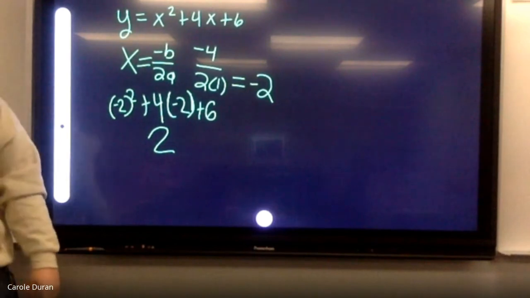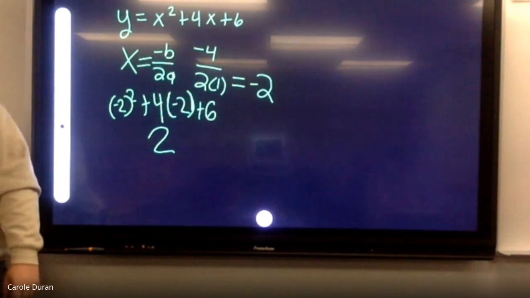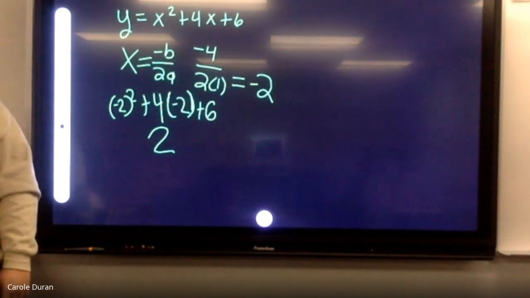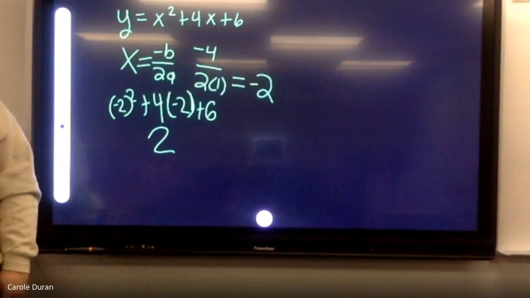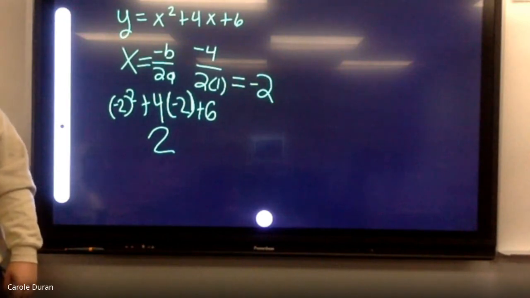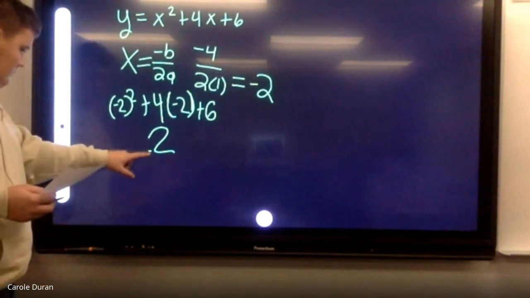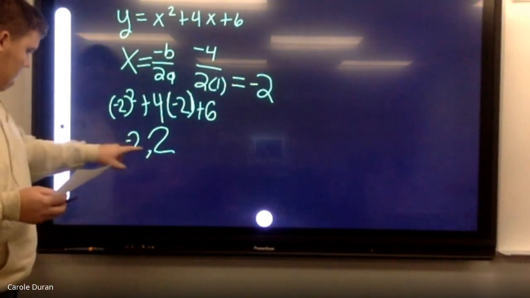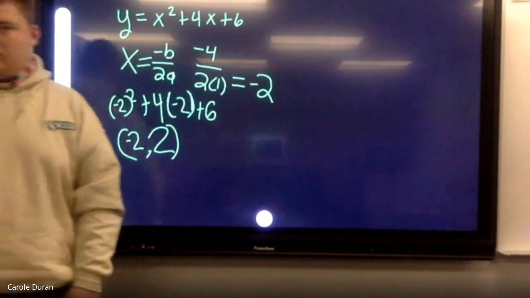It's the first point that we graphed, but what do we call it? It's very specific, it's very important. The vertex. It's either the highest or the lowest point on the graph. So write the point that we just found, -2, comma 2 in parentheses, Brandon. That point has to be somewhere on your answer sheet as you're doing this.